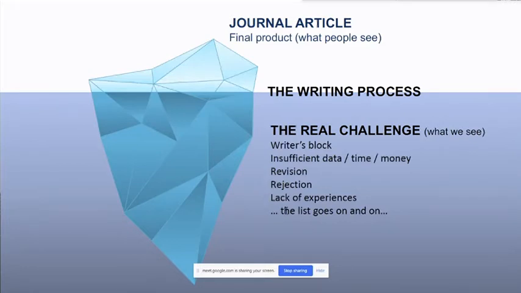Lack of experience. You have to start somewhere, isn't it? Like you guys, if you're doing masters or PhD, start slow: prepare, submit, prepare, submit. You may not have real research yet. What you can do is prepare a conceptual paper that talks about the theoretical framework of your research. You can prepare a systematic review paper.